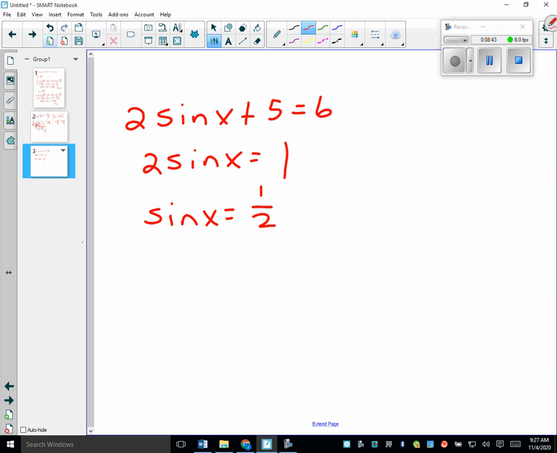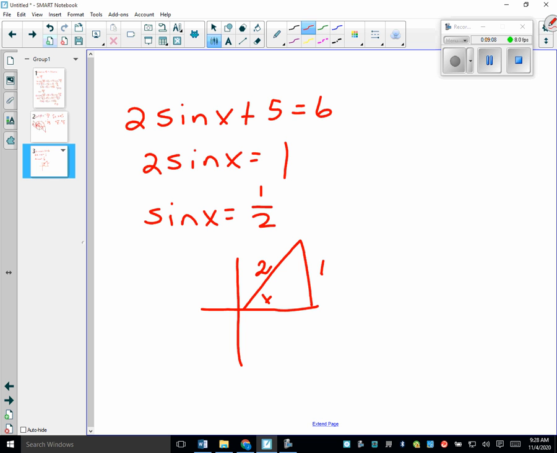Now we're going to do just what we did on the last problem. What quadrant is sine positive in? 1 and 2. Okay, so in quadrant 1, if it's sine, isn't it opposite over hypotenuse?